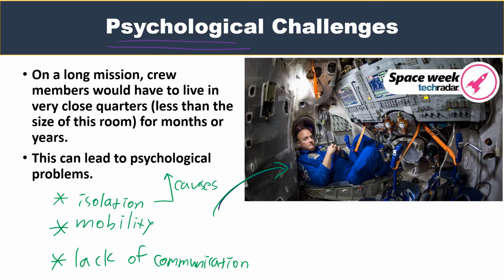So please have that in your mind. The psychological challenges that astronauts undergo are unavoidable. At the same time, this is one of the reasons why they work as a crew, not one person, trying to minimize the psychological problems as a community.